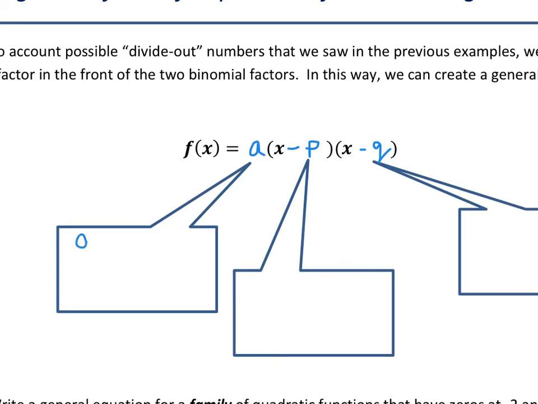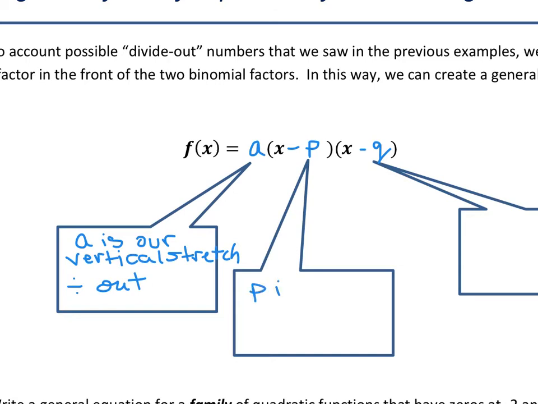So a is our vertical stretch or compression, depending on its value. And essentially that can be divided out of each function in the family.